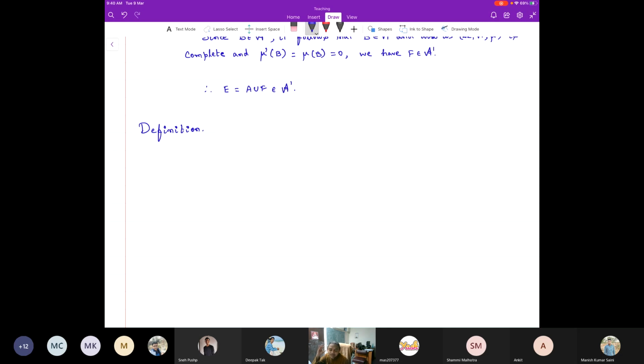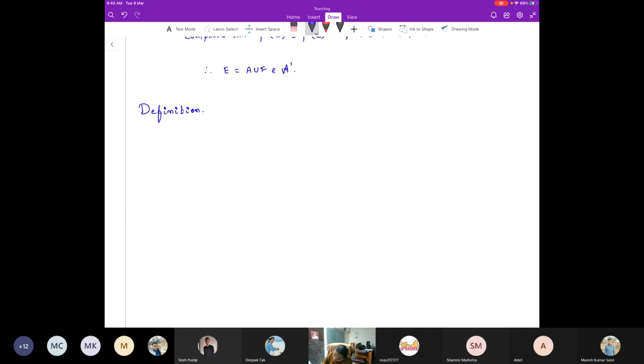We had something like length, and based on this length we defined the concept of outer measure, right? This procedure of outer measure not only works on R, it is actually a more general concept. That's what we are going to see.